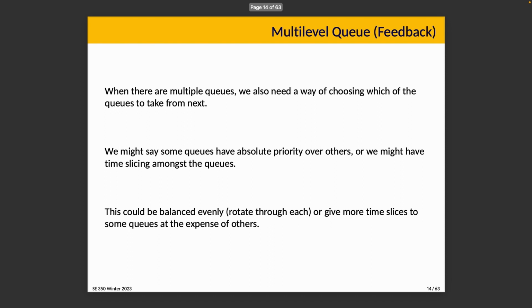It could be balanced evenly. We could give more time slices to things at the beginning. Let your imagination run wild, so to speak, because there are a lot of options for what we could do and how it would all work. Everything we've talked about so far, you could apply a piece of it to the multi-level queue kind of system.